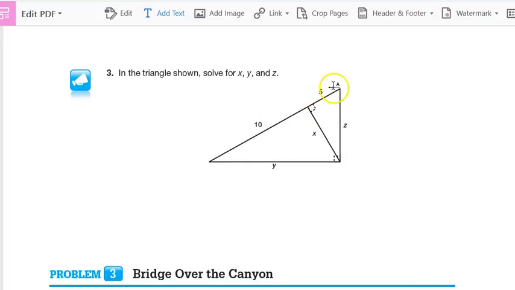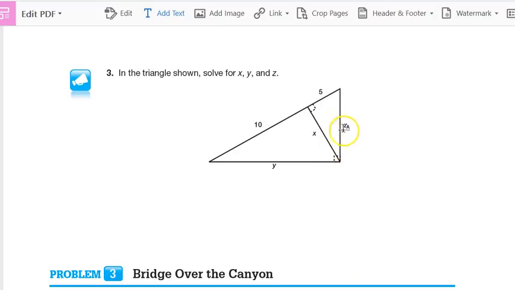Okay, so now you have x being the geometric mean. We'll start by solving that one using these two parts. So I have 10 over x is equal to x over 5, and you solve that. Once you know x, you can do 5 over x is equal to x over z, and solve that.